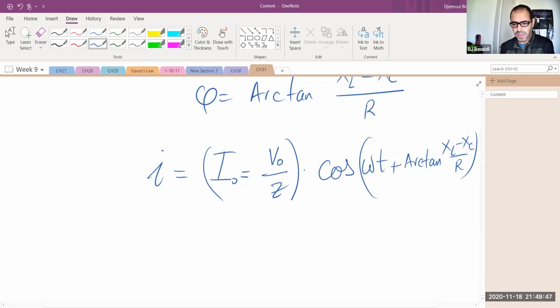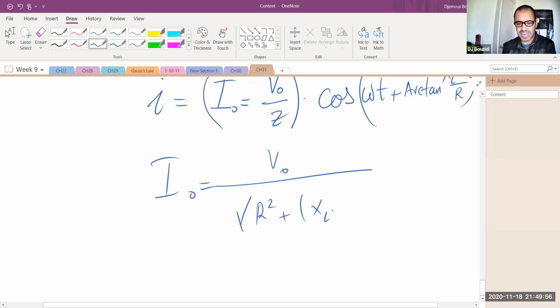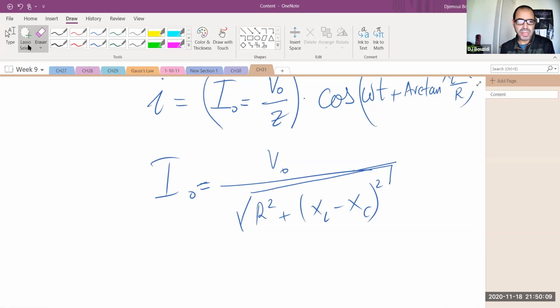So in other words, the current I naught is equal to V naught over the square root of R squared plus XL minus XC squared. As we have noted in the beginning, the intensity of the current better be proportional to V naught, and it is.